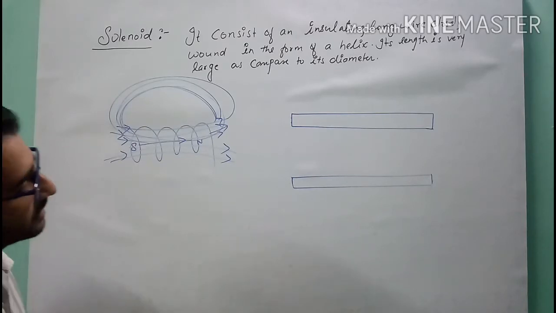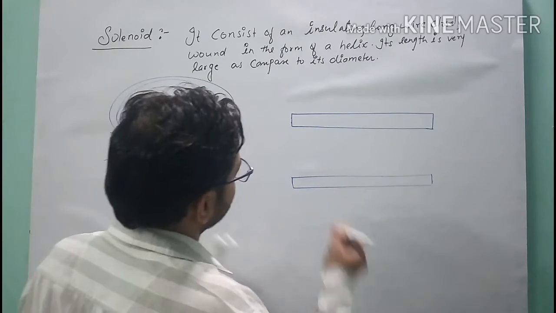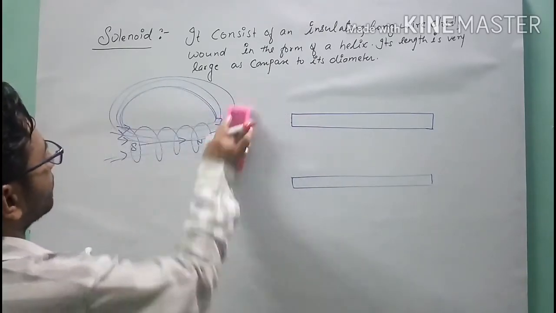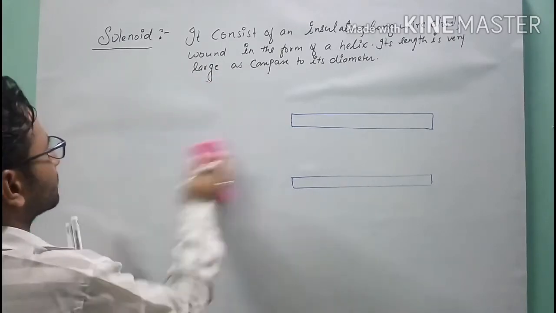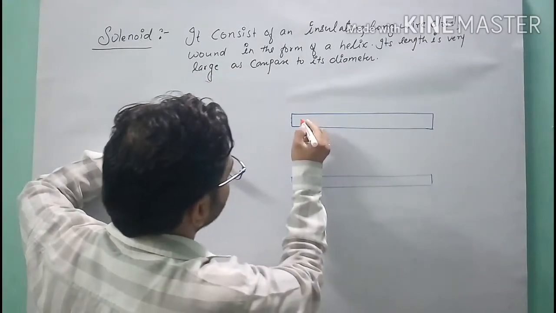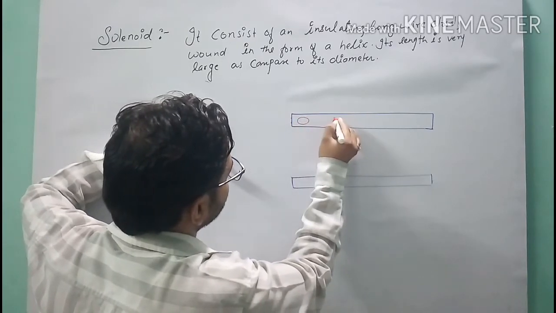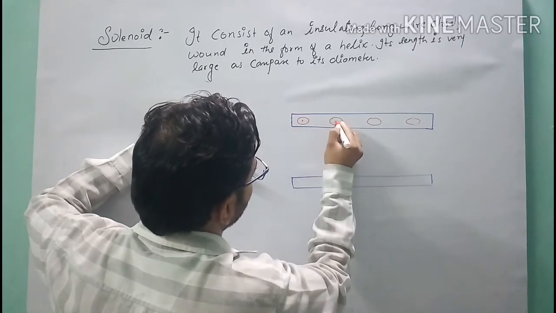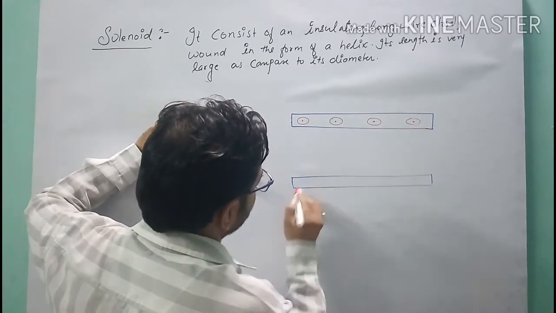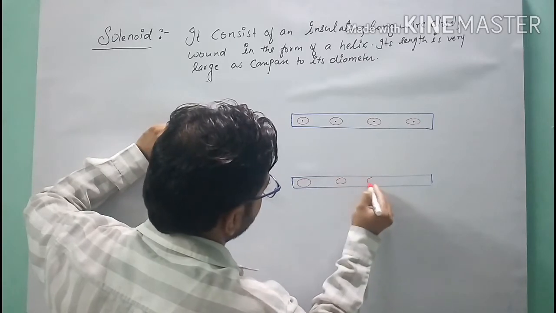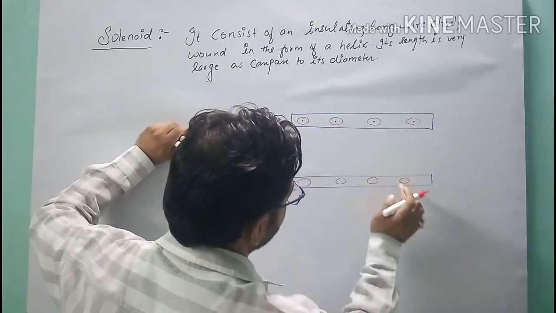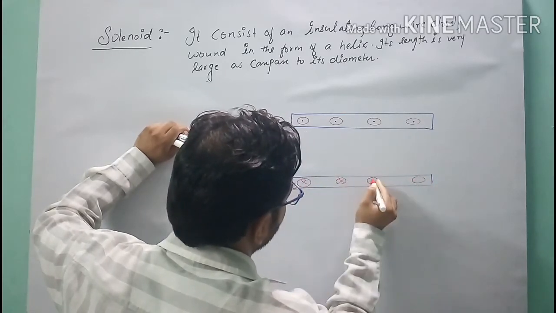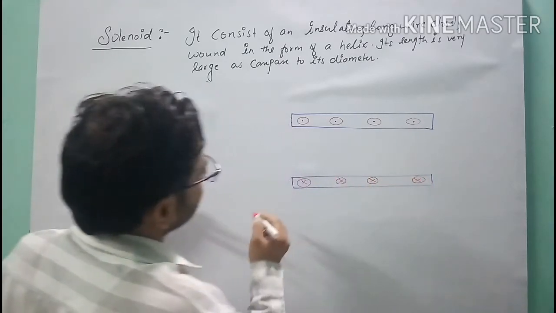So in this simplest diagram, we will see the direction of the magnetic field. This direction is normal to the plane, and this one is also normal to the plane, but in the inward direction. Clear?